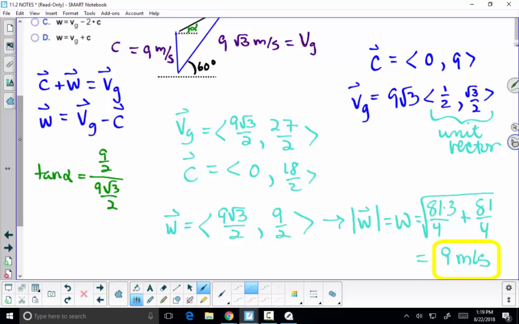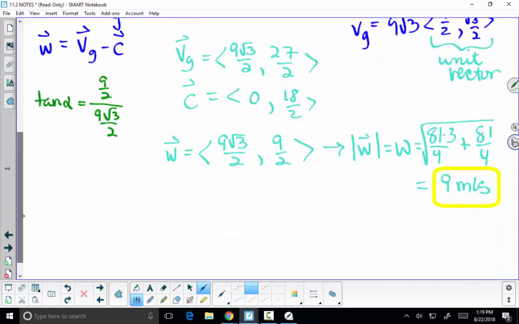Tangent is always equivalent to slope, rise over run. And the 9/2 cancel. We get 1 over √3, which if we write it in rationalized form, tangent alpha equals √3/3. You should be familiar with the unit circle.